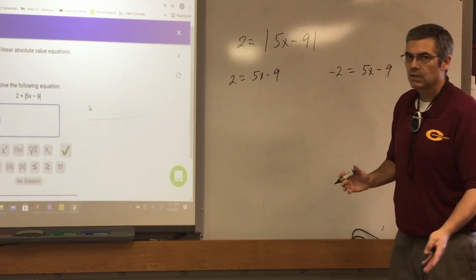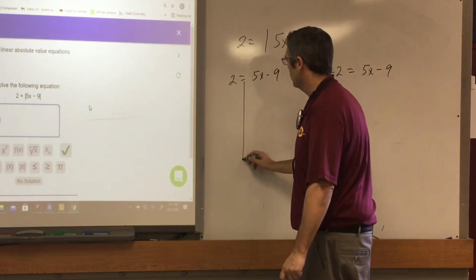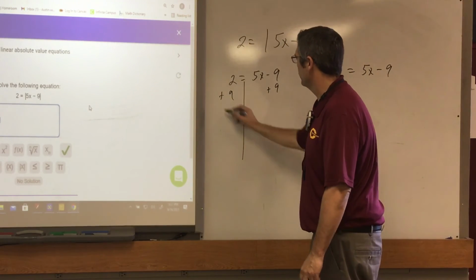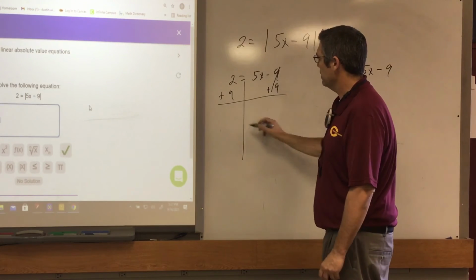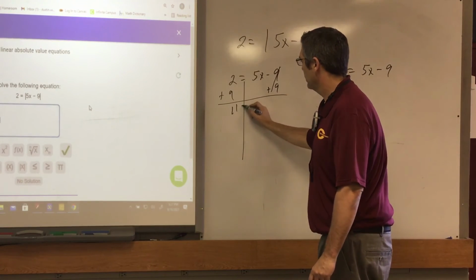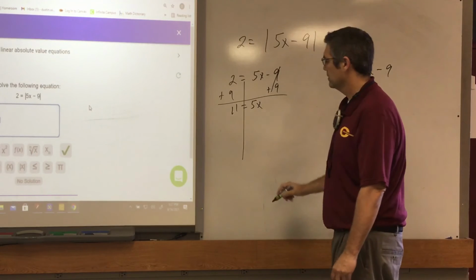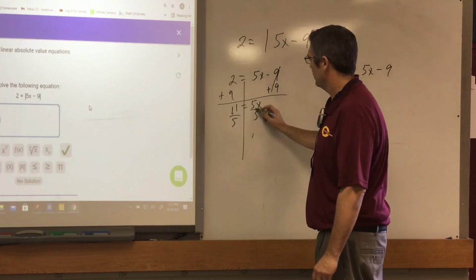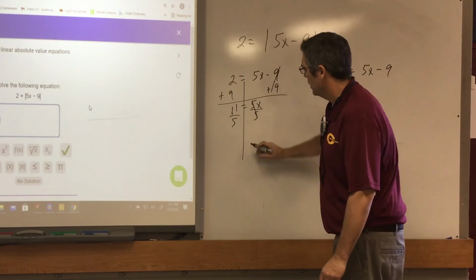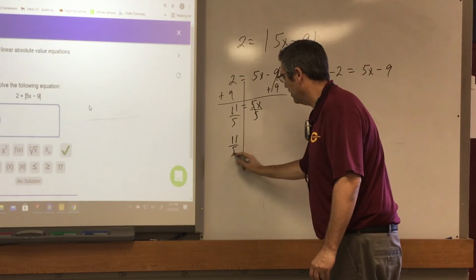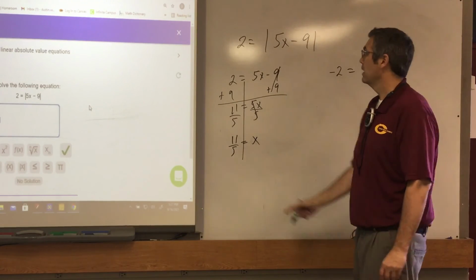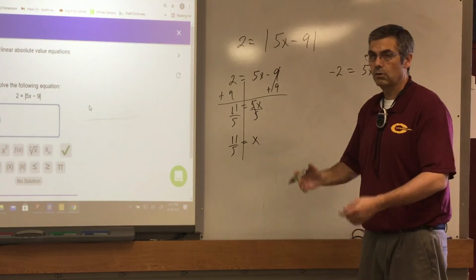I'm going to solve them just like we did before. Draw your line, add the inverse over here, okay? Cancels out, 9, 10, 11 equals 5x, divide by 5, divide by 5, these cancel out, and you get 11 over 5 equals x. There's one of our answers.